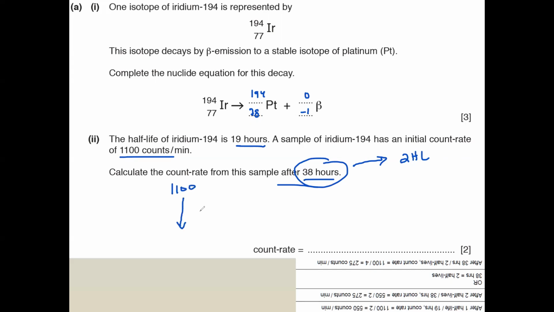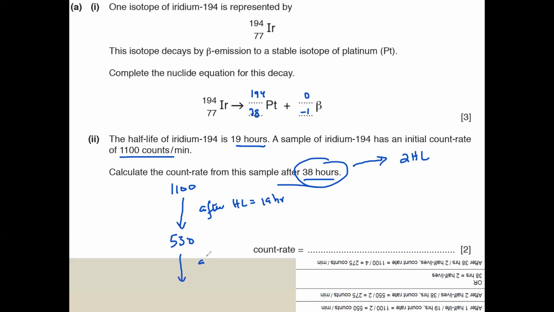So after 19 hours, after one half-life, 1100 divided by 2 will be 550.